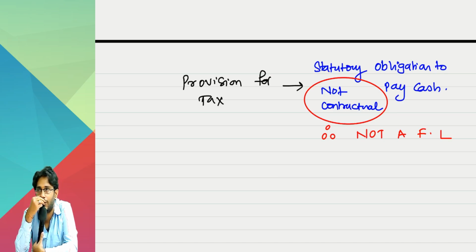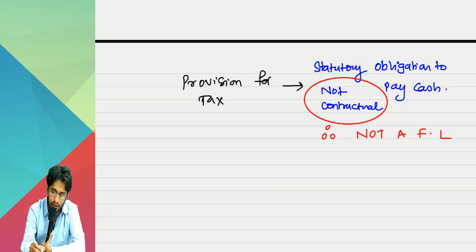We discussed obligations, there are two types, either legal or constructive. I told you legal obligations are created because of two reasons, either a binding contract or law itself. Constructive obligations are created because of our own creation.